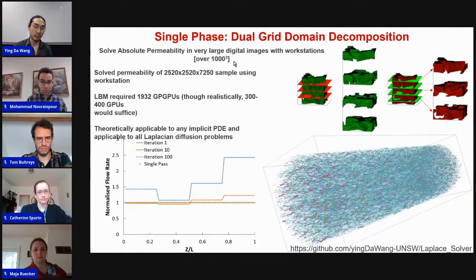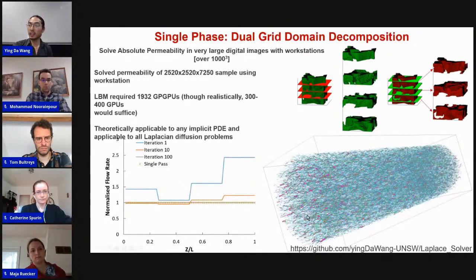This allows you to solve for an approximation of the velocity field, and the permeability, of extremely large digital rock images with workstation-grade resources. On the top right-hand side, you can see a schematic of the way it works. It's relatively straightforward. For those well-versed in mathematics, it uses the alternating Schwarz algorithm.